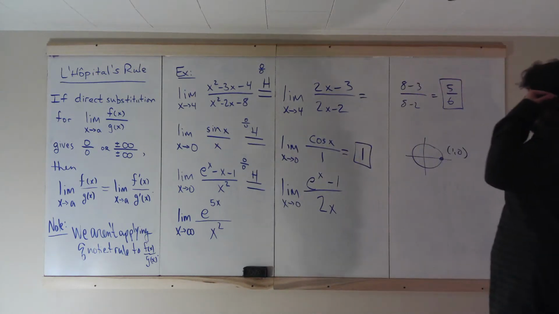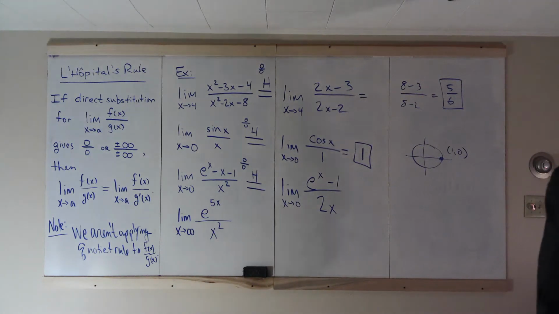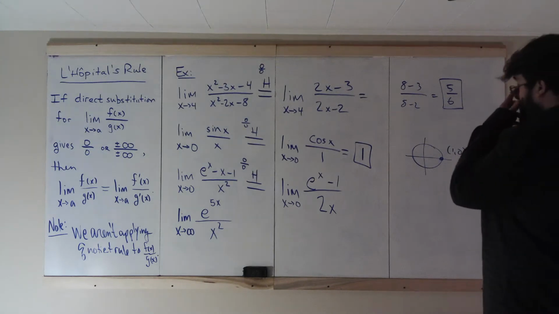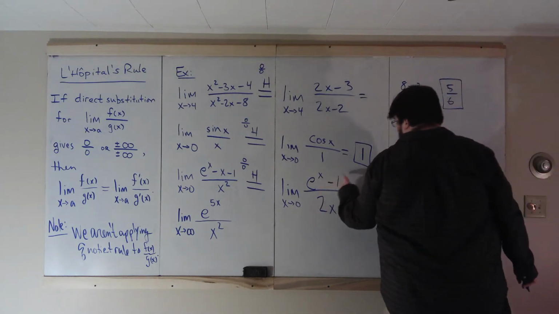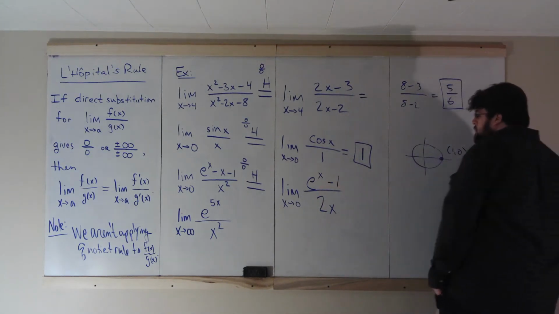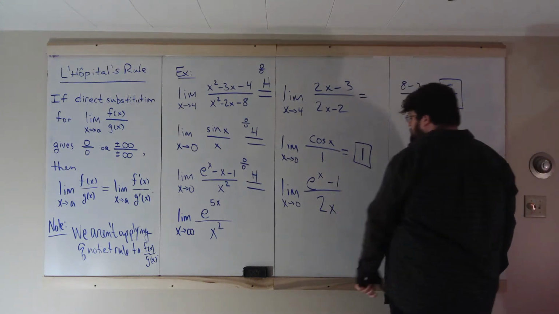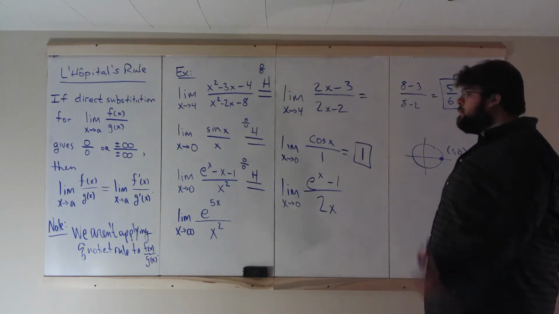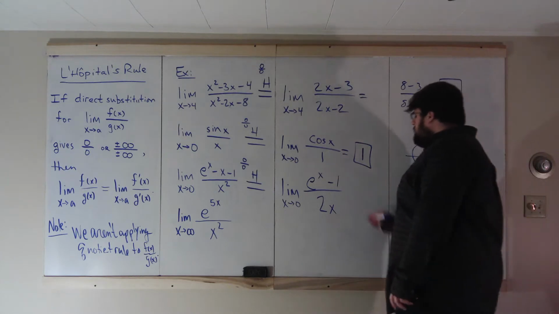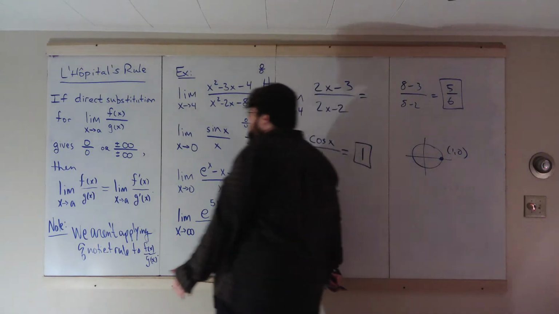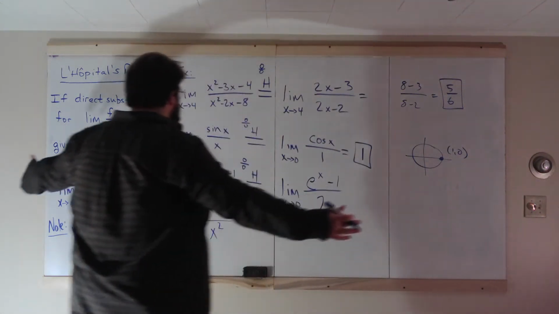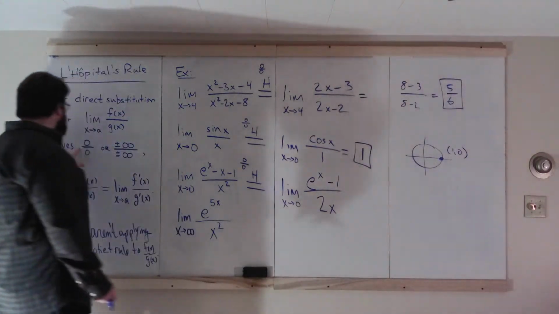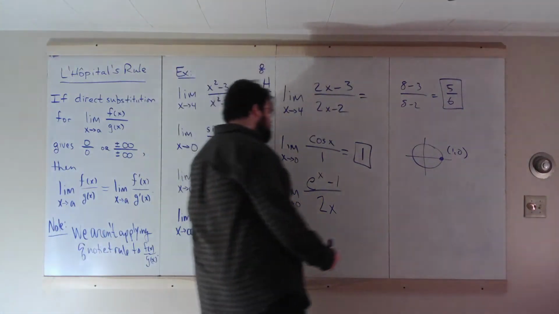What happens here as x goes to 0? Well, you get 1 minus 1 on top, so that's 0. What do you get on the bottom? 2 times 0. So you get another 0 over 0. What happens when you get a 0 over 0? Well, you could try algebra, or you could use L'Hopital's rule. Let's use L'Hopital's rule.